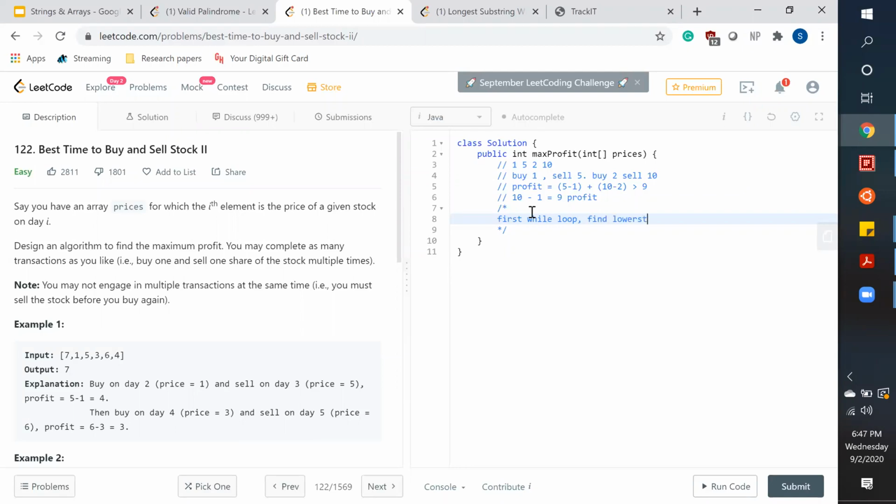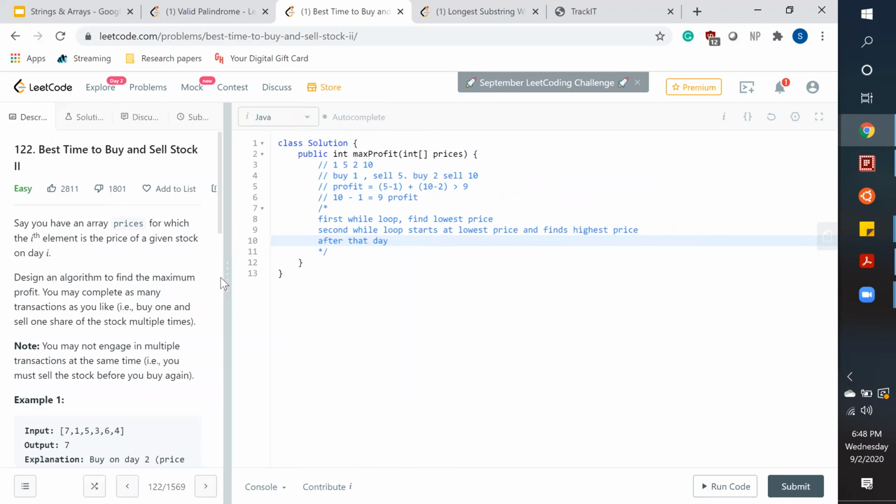And then the second while loop would start from that day that the first one returned, and then it would iterate through the rest of the array to find the highest price. And then before these 2 while loops, we would store into an int the starting day. So it would just be set to 0 at first.